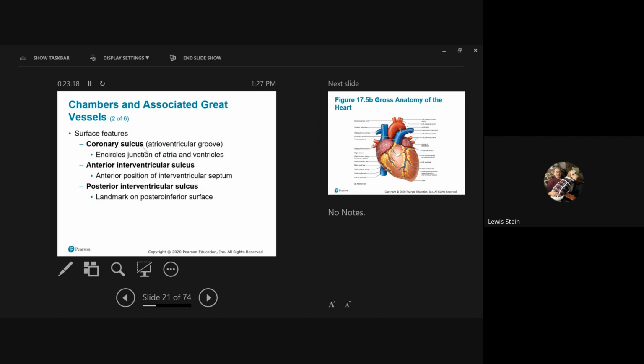So those are really important because you'll need to know the four major coronary vessels. So the right and left coronary arteries, the main trunk of them, travel by way of the coronary sulcus. The anterior interventricular sulcus has what's called the anterior interventricular artery.